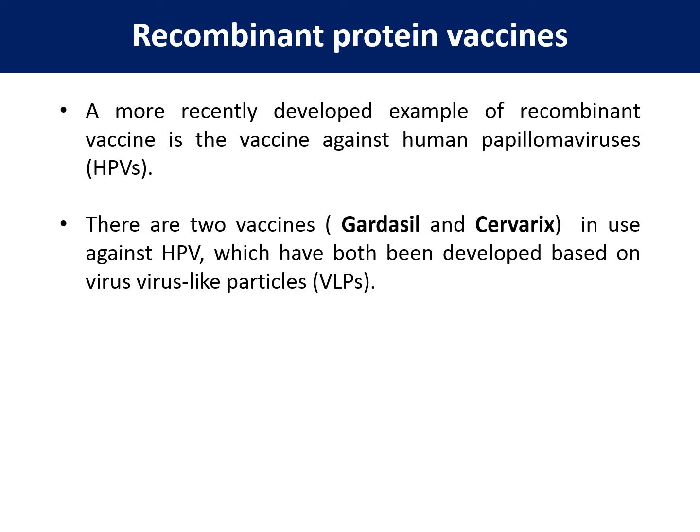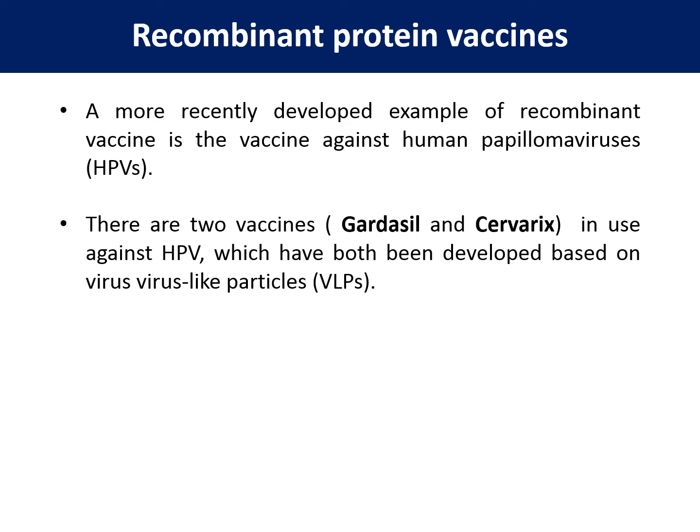A more recently developed example of a recombinant protein vaccine is against HPV, which is the human papilloma virus. Basically, there are two vaccines, Gardasil and Cervarix, which are the commercial names, that were approved for clinical use against HPV.